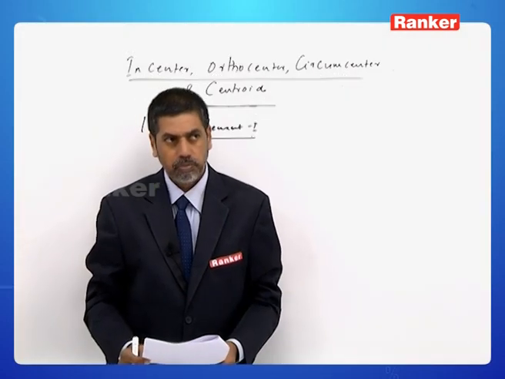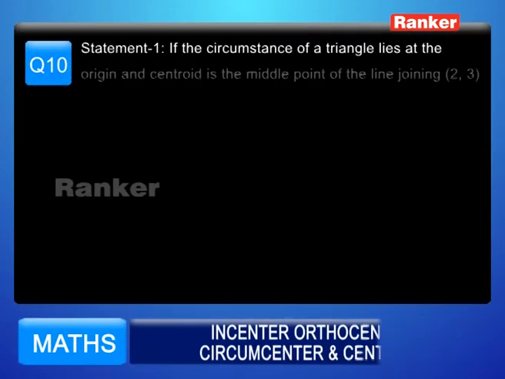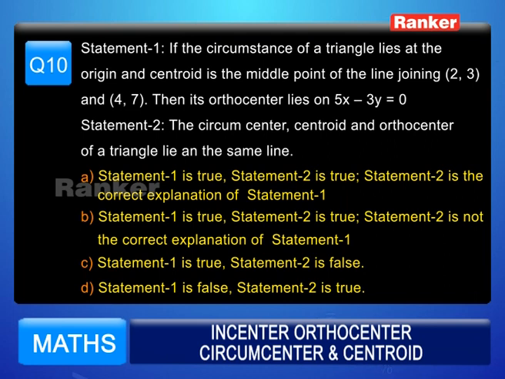Now this is a problem based on logical reasoning. Two statements are given to you, and at the basic level you'll have to test whether statement 1 is true or false, statement 2 is also true or false. Then accordingly we can discuss. Statement number 1 says, if the circumcenter of a triangle lies at the origin, right?